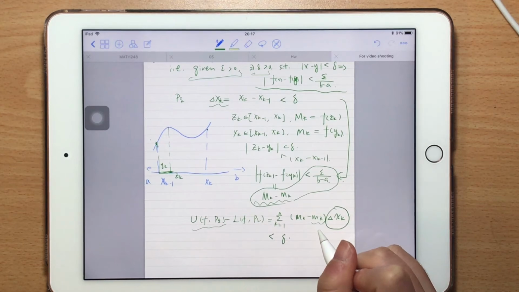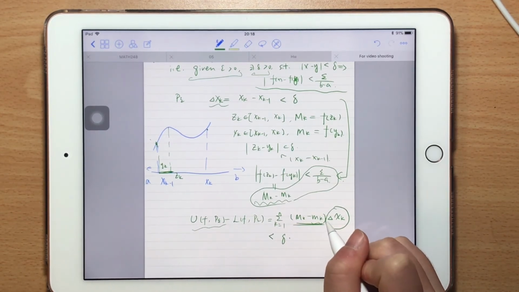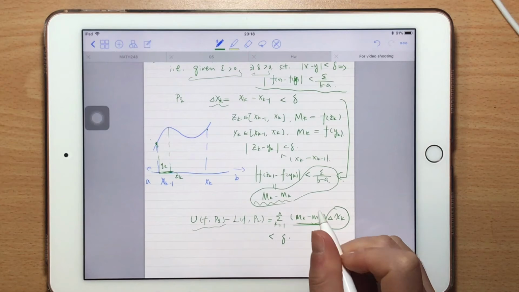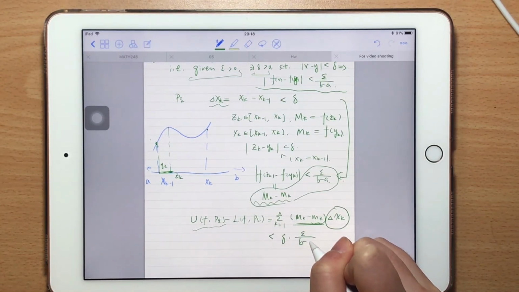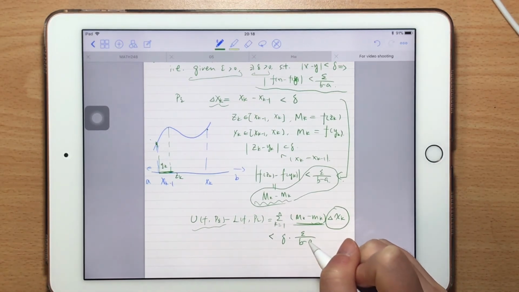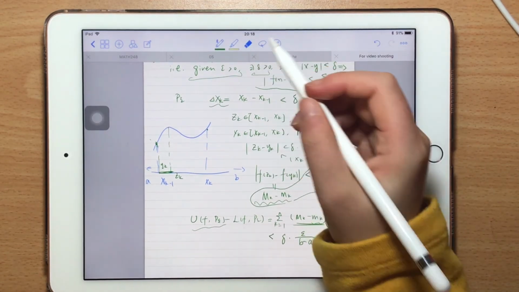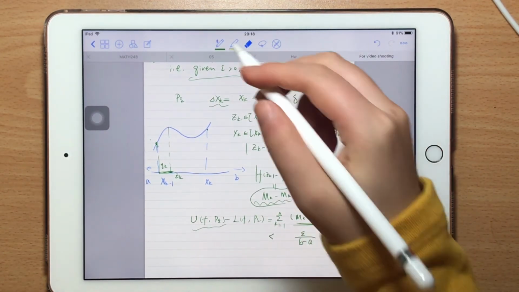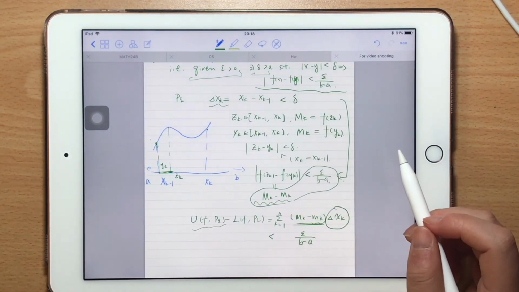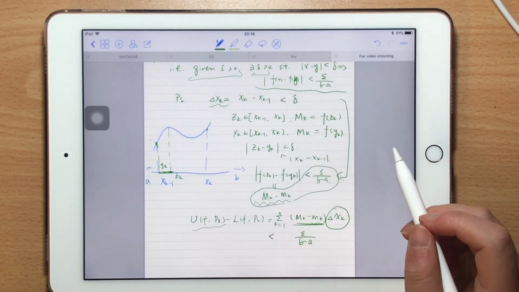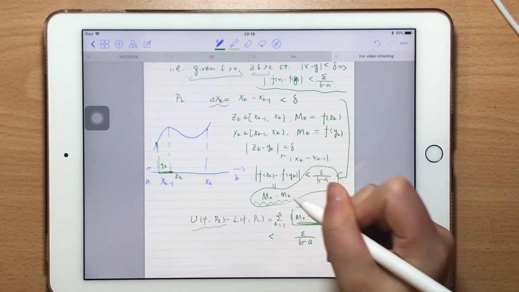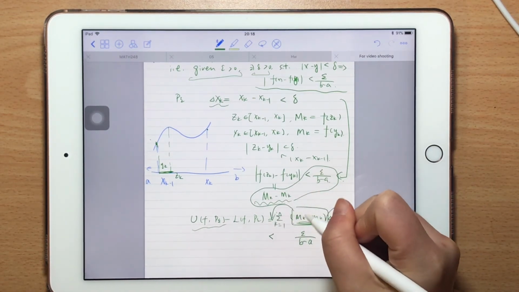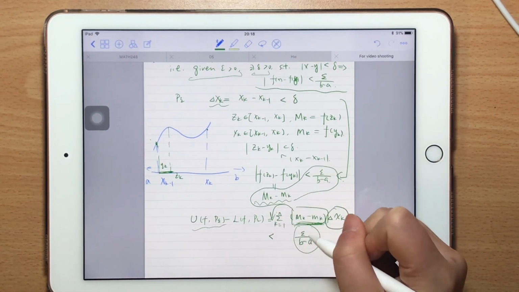And this will be smaller than epsilon over b minus a times the sum of delta xk, since capital Mk minus small mk is smaller than epsilon over b minus a.